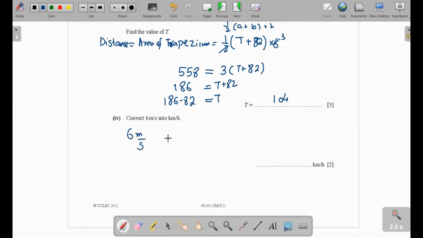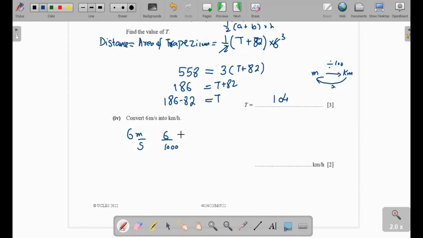Firstly, we convert meters to kilometers, so we divide by 1000.